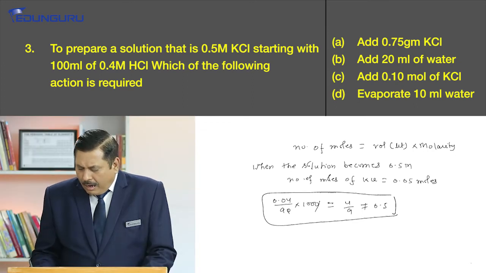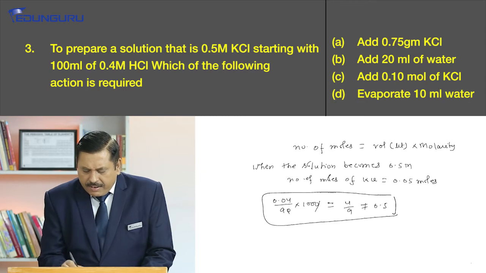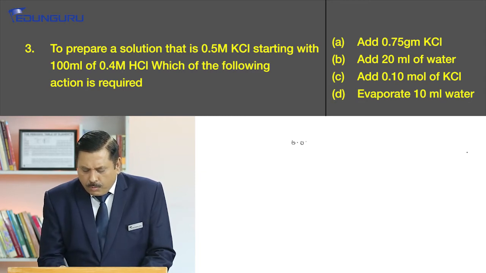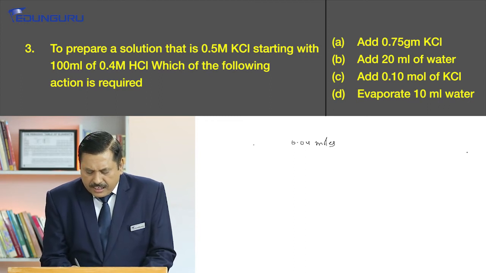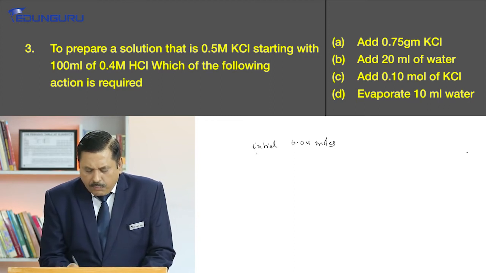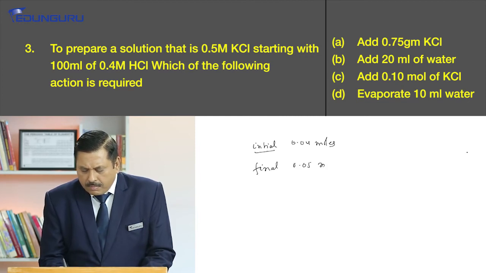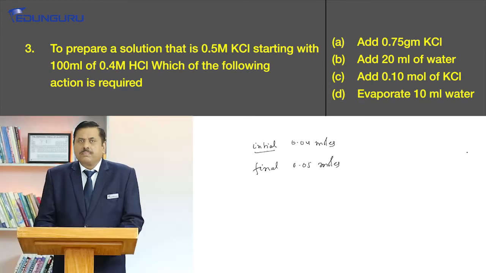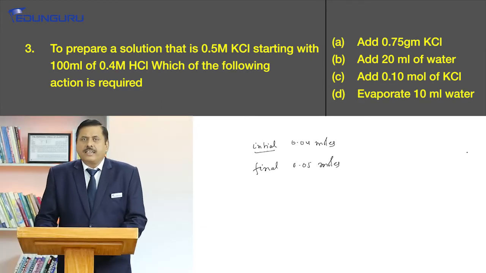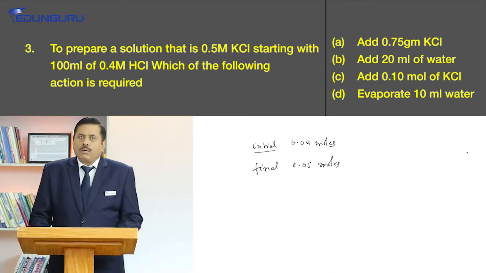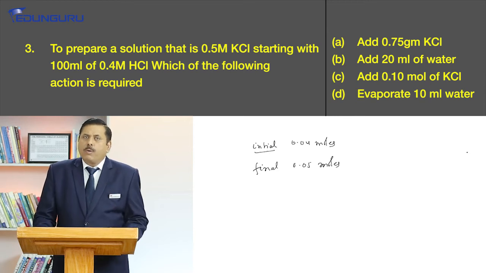We need to add how many moles? Initially we have 0.04 moles, and if the final moles become 0.05, it means that the concentration will increase from 0.4 to 0.5.